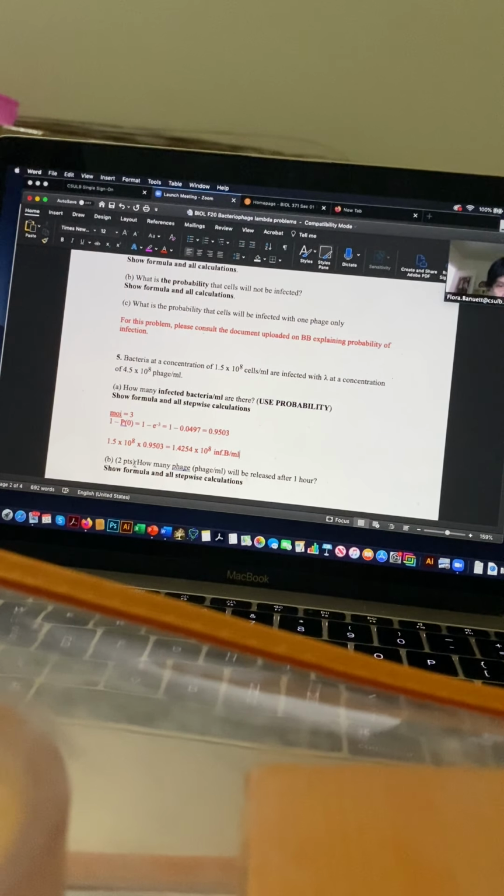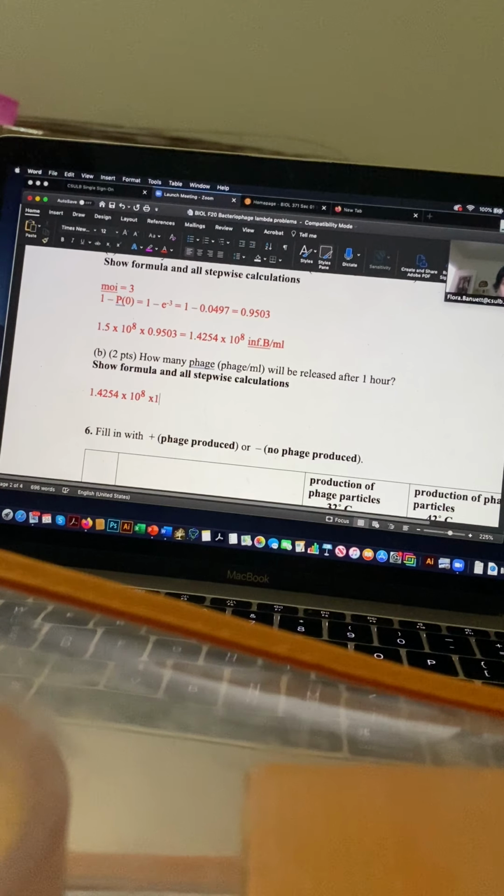It's going to be equal to 1.43 times 10 to the 10th phage per mil. That's the burst size.